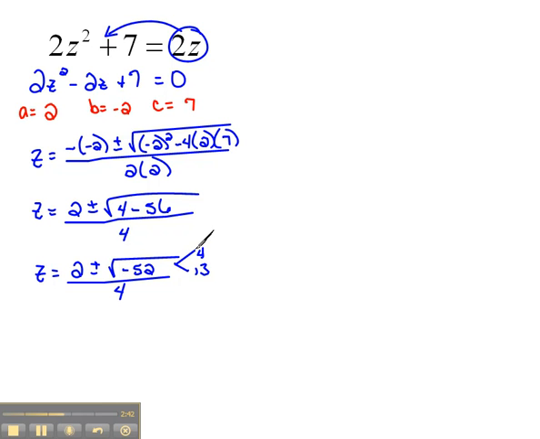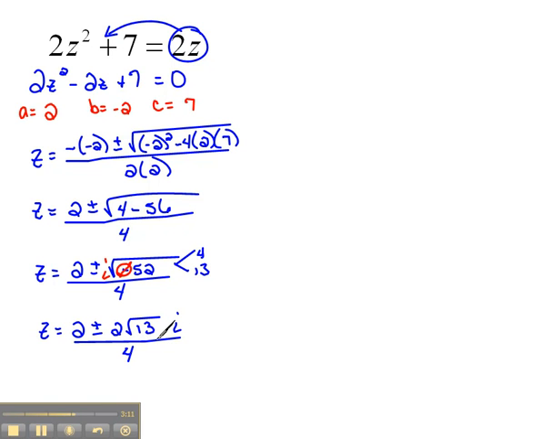But because of this negative here underneath the radical, we're going to correct that with an i. So let's rewrite this as 2 plus or minus the square root of 4 would be 2. We have to leave the 13 underneath the radical, and then we take care of the negative underneath the radical as an i, all over 4.